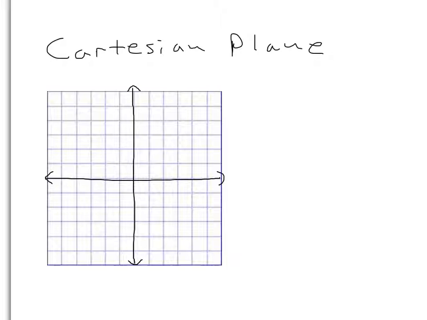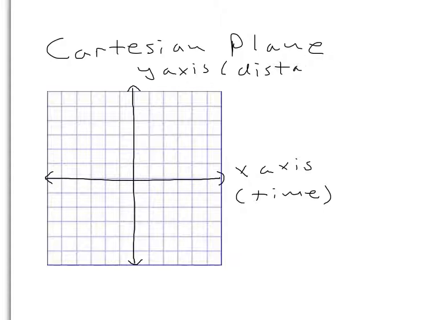So the horizontal axis is typically called the x-axis, although in this situation we're going to use time. And the vertical axis is typically called the y-axis, although for this example we're about to use, that's going to be distance. Make that x look more like an x.